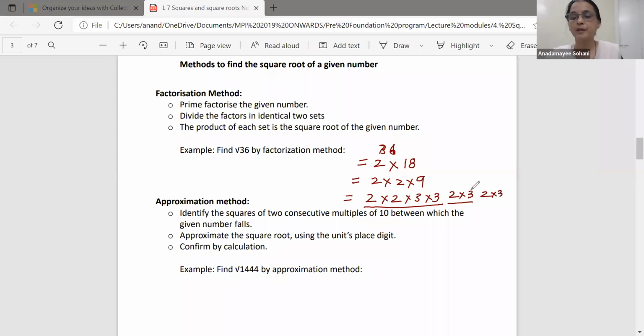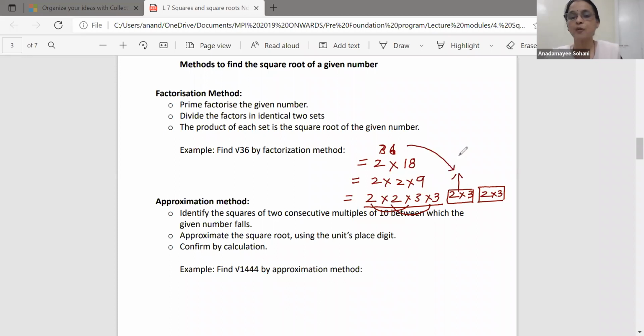A square number can be made into two perfect identical sets. I can divide this 2 and 3 into one pair of 2, 3, another pair of 2, 3. So one of the pair is the square root of this number.